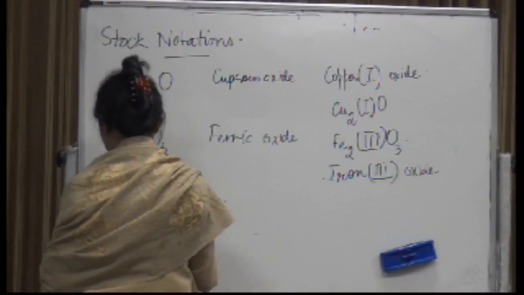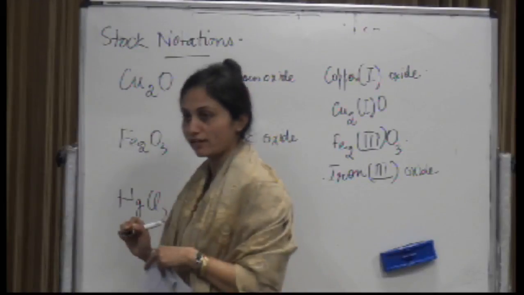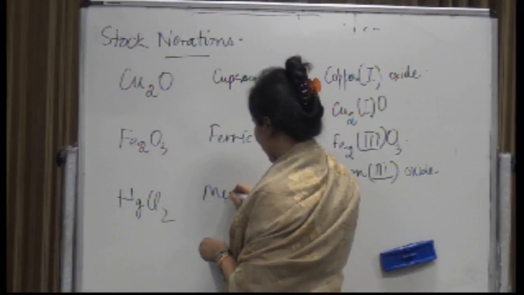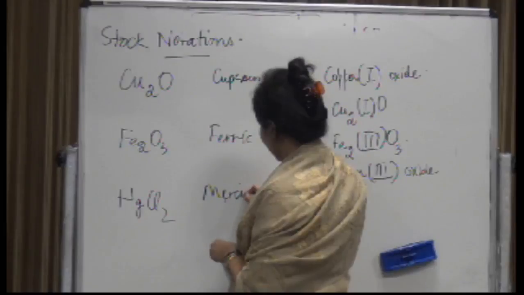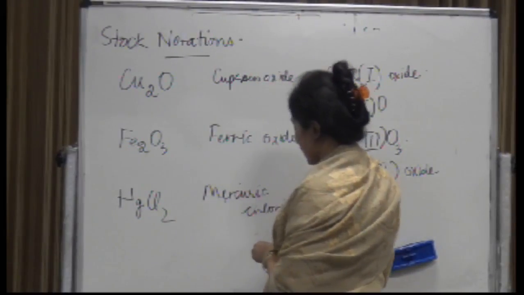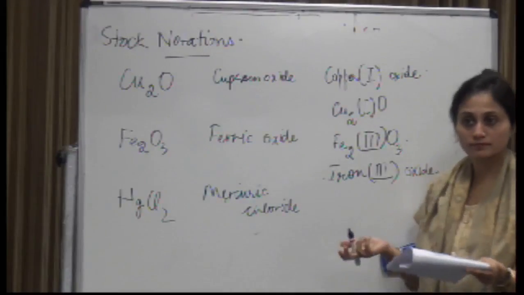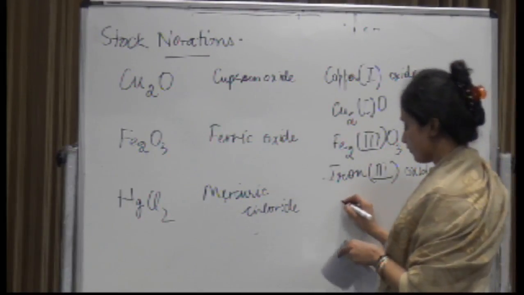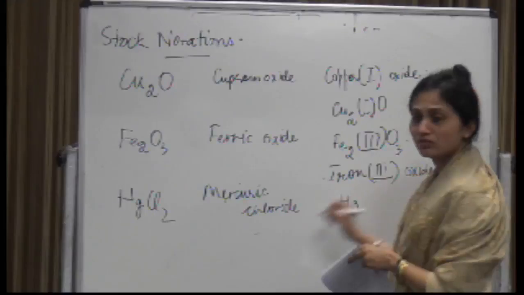HgCl2, commonly known as mercuric chloride. That's the common chemical name. Now, find out, Hg is simply 2.